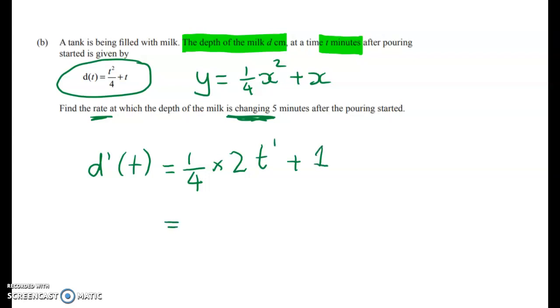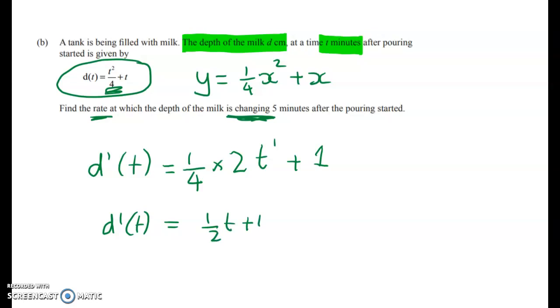Right, now most of you will be going, why is she doing that so slowly? Well, that's just in case any of you have forgotten how we differentiate when we've got a fraction sitting here, right? So cleaning that up, that gives me my derivative, d dash of t, and d dash of t is equal to 1/2 t plus 1.